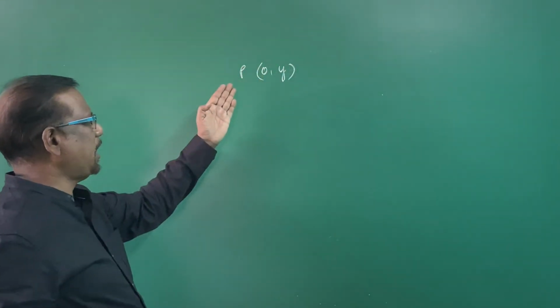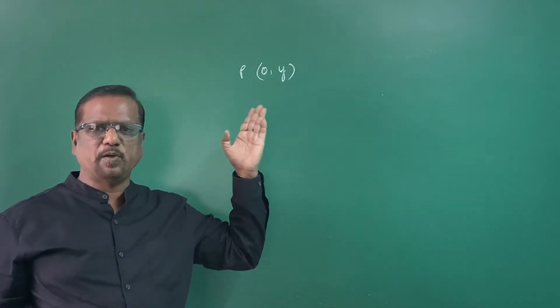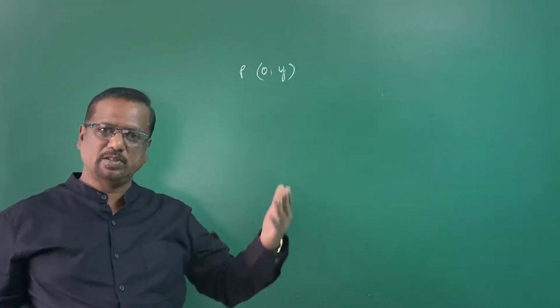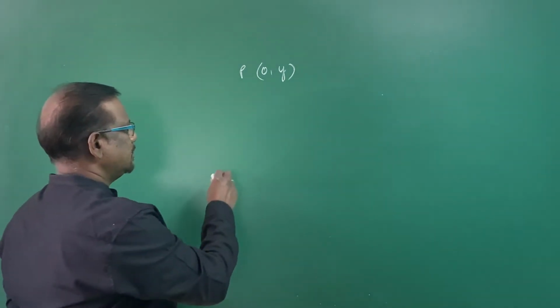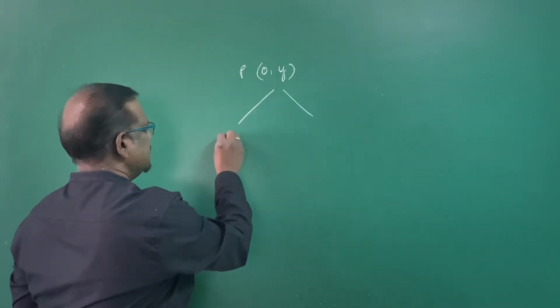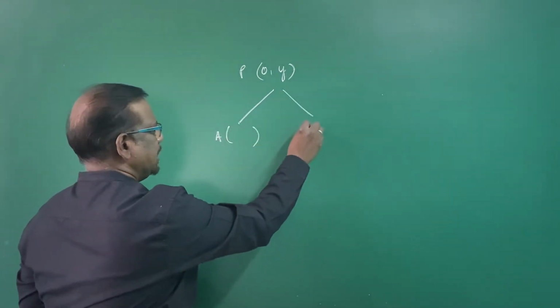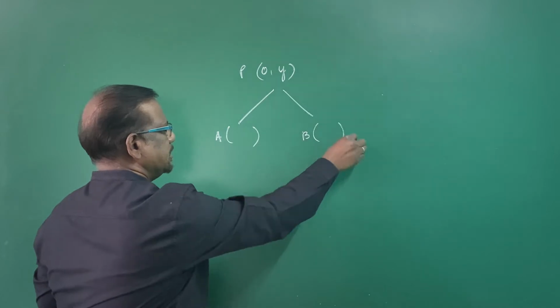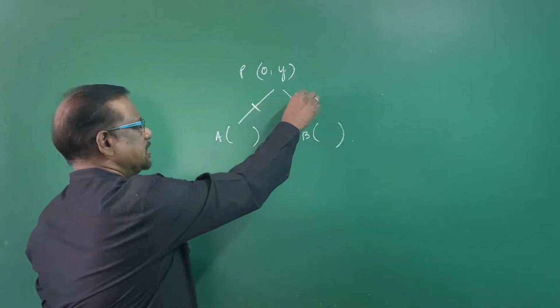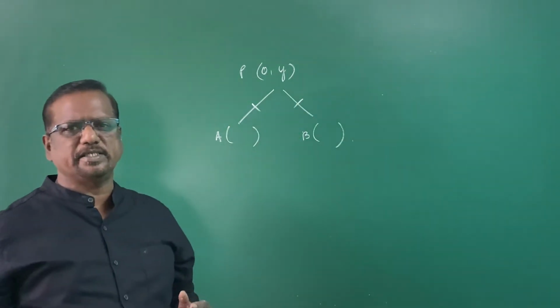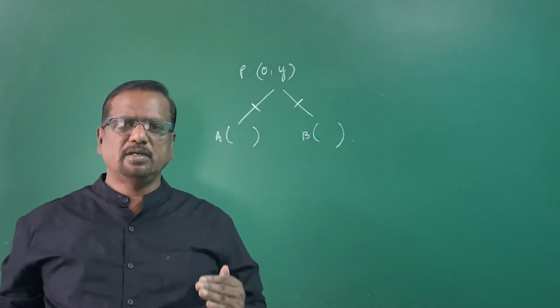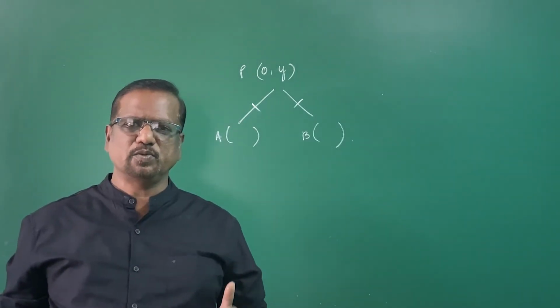So you have to assume a point P (0, y), and you have to proceed in the same manner as we have proceeded in the previous sum. That is PA is equal to PB, or PA square is equal to PB square.